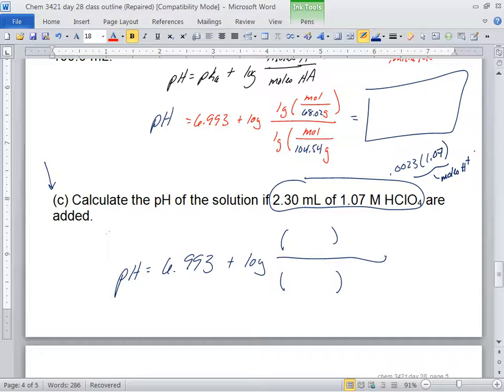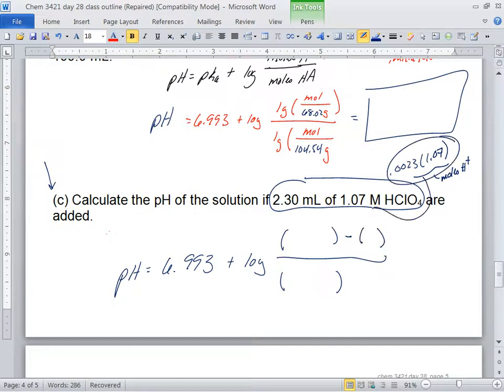My moles of A minus, my conjugate base, is going to go down. It has to, because it's reacting with the acid to keep the pH the same, to buffer it. So I have to subtract that number of moles.